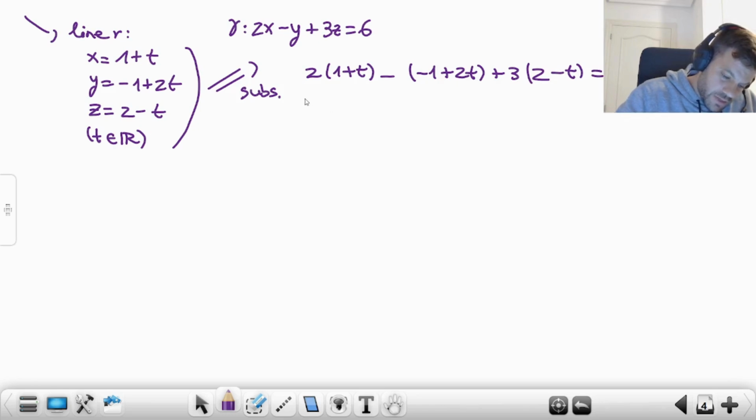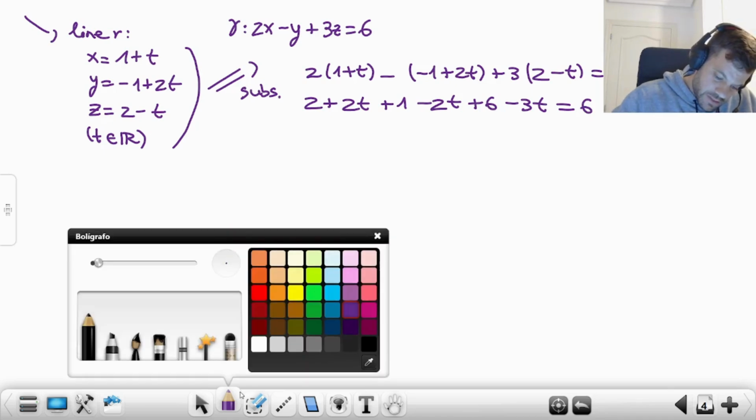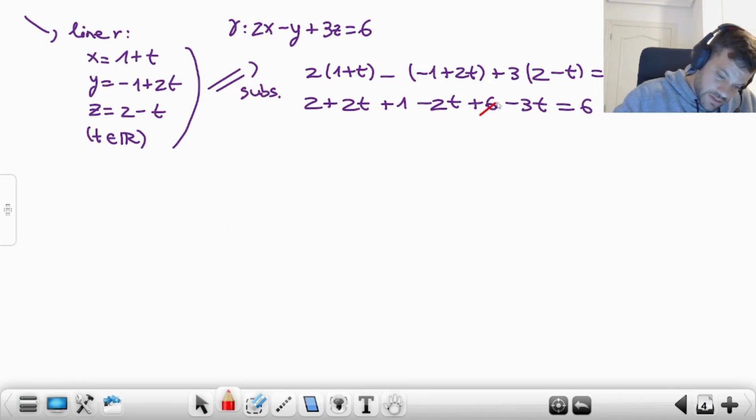Clean it up, expand and fold: 2 plus 2t plus 1 minus 2t plus 6 minus 3t equals 6. Simplify. 6 on the left, 6 on the right, they cancel out.